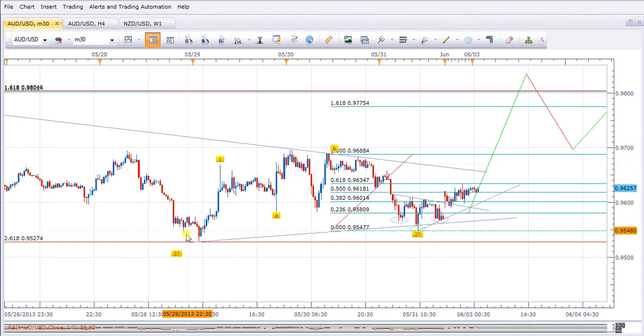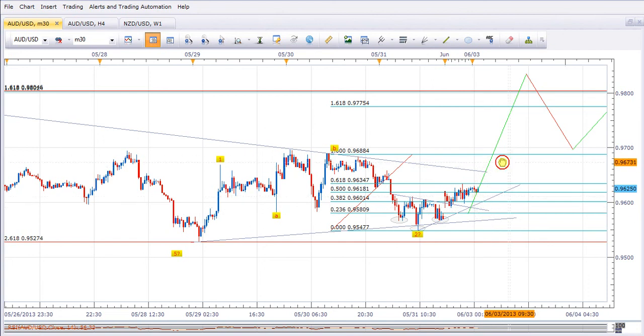We see that we had that wave 1 completed, followed by an expanded flat correction, the wave 2, and then we saw a head and shoulder formation, which is pointing to some gains with the break of that neckline. We saw that retest of the neckline, so just looking for this pair to retest again. And then we'll look to go long at that point, so around 95.9 or 95.8 if it gets that low.